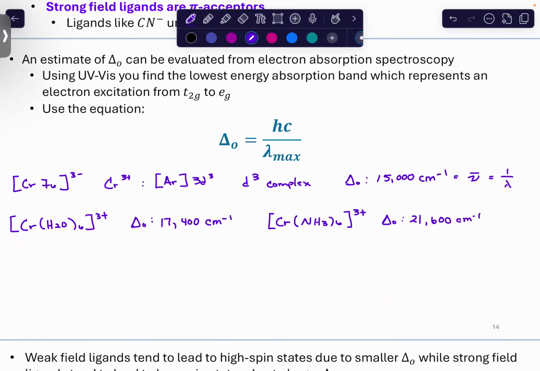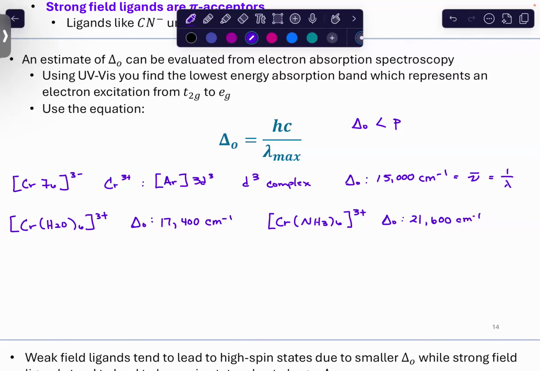Your weak field ligands provide high spin states. High spin states occur when that delta O is minimized, when the energy gap between the two is lower. If P is your pairing energy, and it costs more energy to pair than it does to put electrons in the eg level, then you're going to have a high spin.